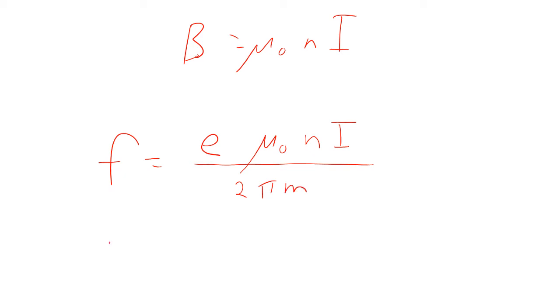So we're trying to find I. That's going to be I equals 2 pi m f divided by e times mu naught times n. So there we have solving for I.